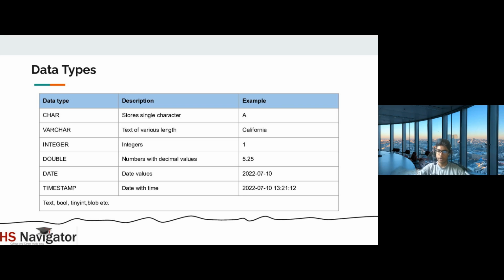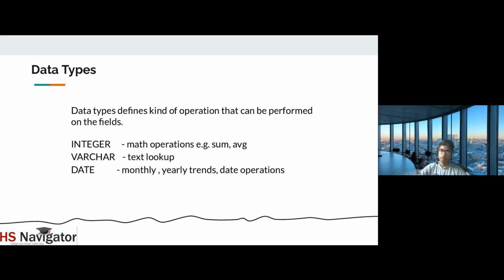So when you're defining a field or a variable or things like that, based on the type of data that you want to store in that field, you will pick one of these different data types. Data types define a kind of operation that can be performed on a field.